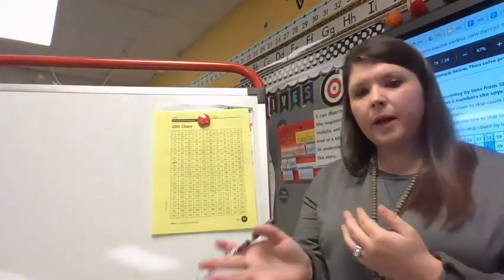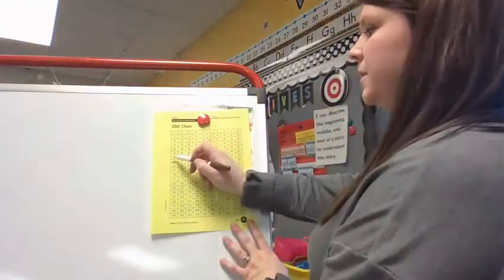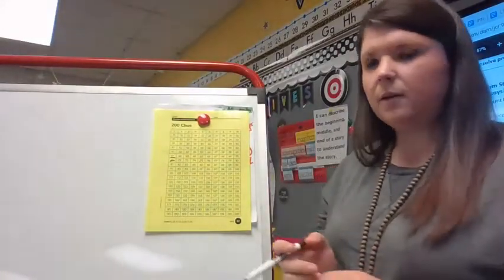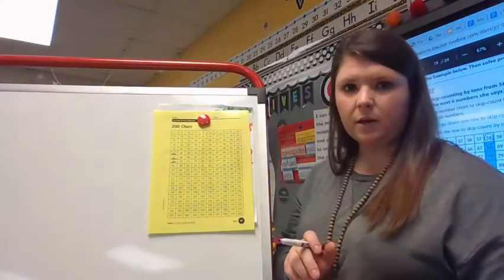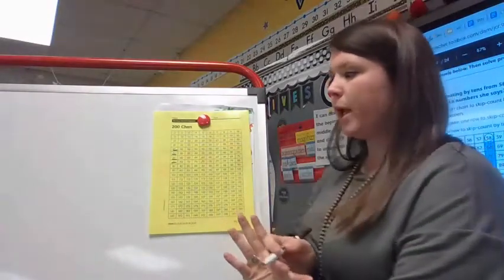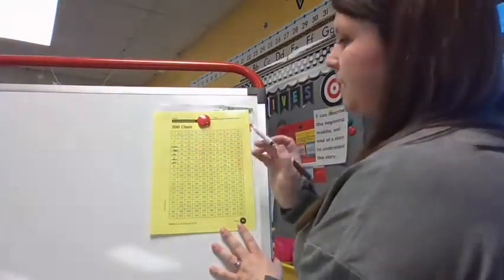So 71, take away a group of 10. 61. 61, take away a group of 10. 51. 51, take away a group of 10. 41. 41, take away a group of 10. 31. Let's stop right there.